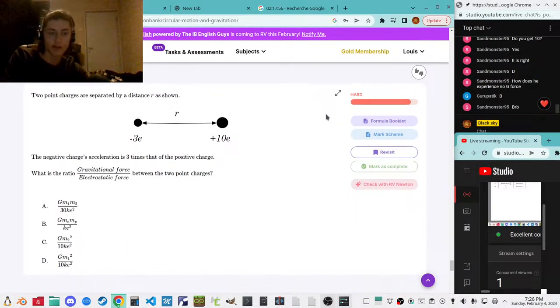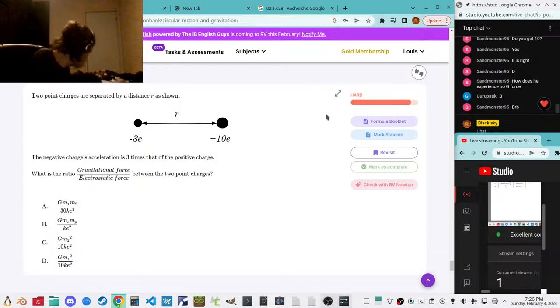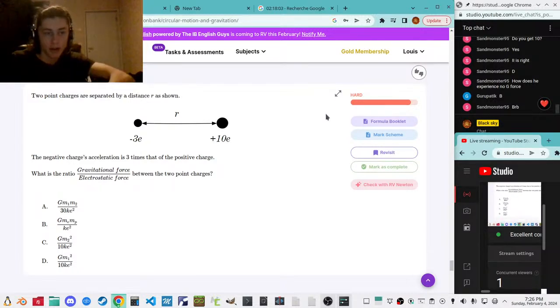Oof, 3 more questions to go and we're done. Two point charges are separated by a distance r as shown. The negative charge acceleration is 3 times that of the positive charge. What is the ratio of gravitational force to electrostatic force between the two point charges?